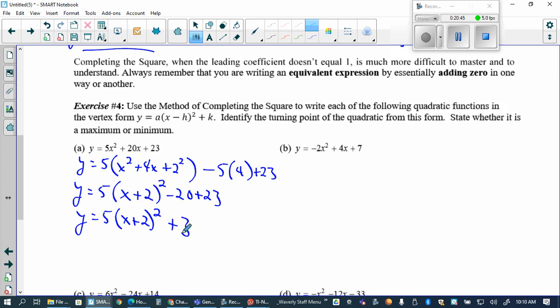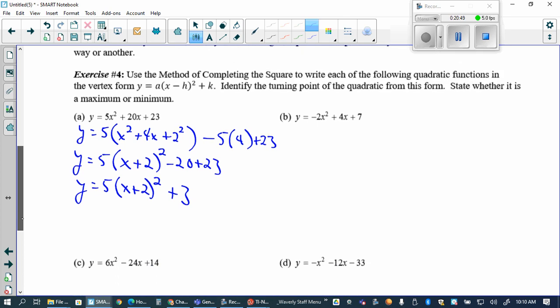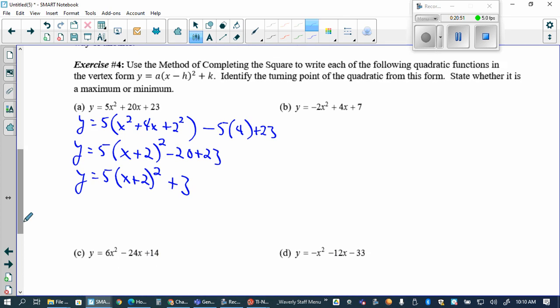Plus 3. Okay. Now, what are the coordinates of the vertex of this? Negative 2, comma 3. Is it concave up or concave down? Up, because it's a positive 5, right? And is it getting wider or narrower because of this?